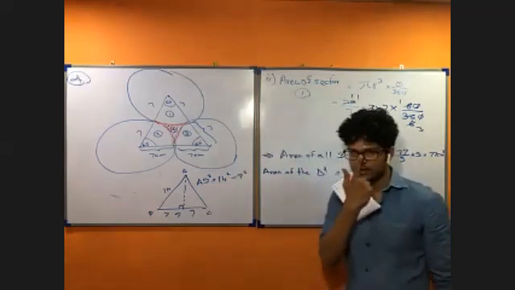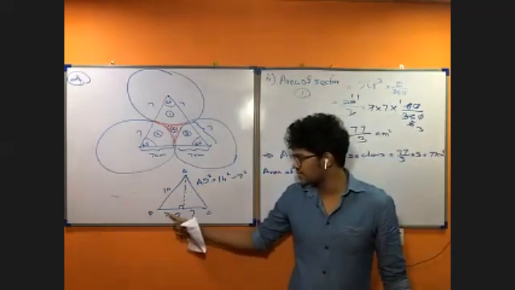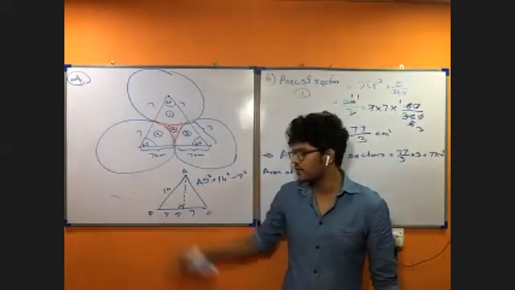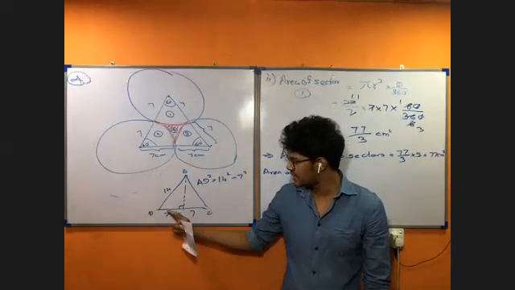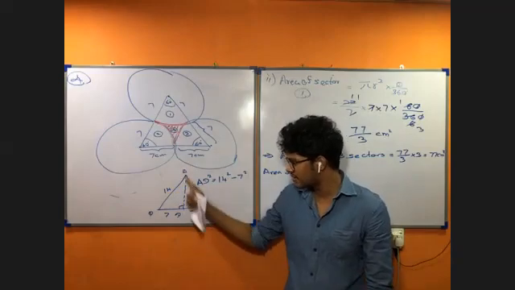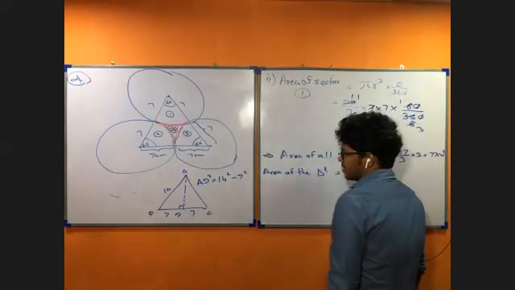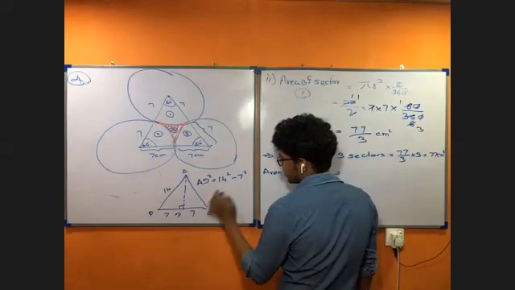This is Pythagoras theorem. This side squared plus this side squared is going to give you this side squared. So the opposite way, hypotenuse squared minus the length of a side squared is going to give me this thing squared.